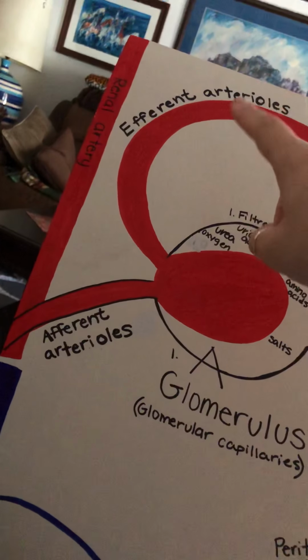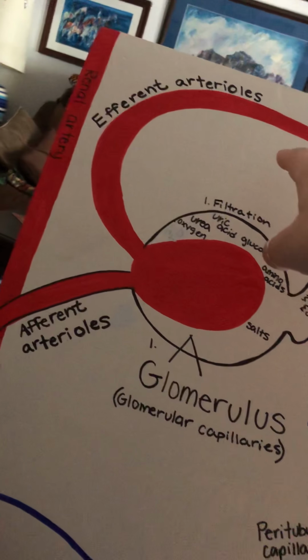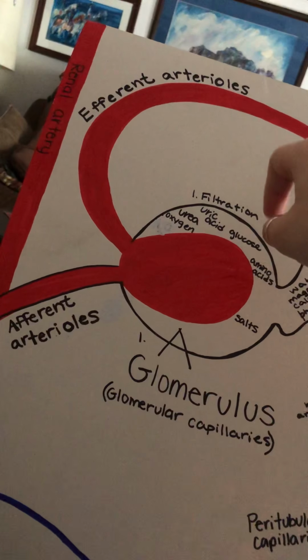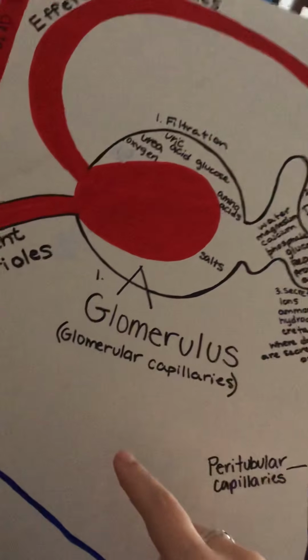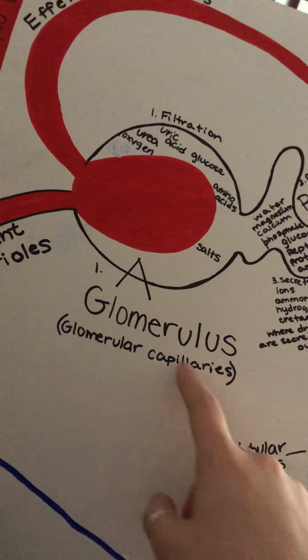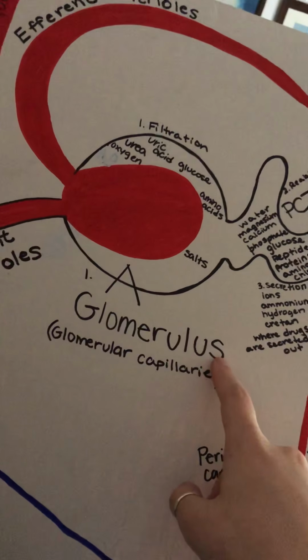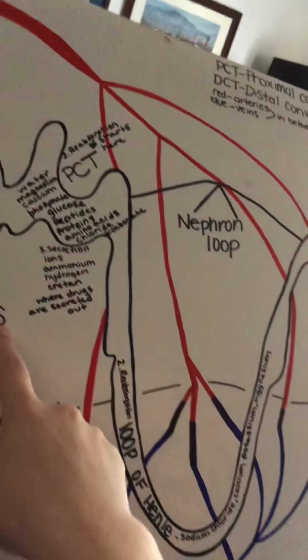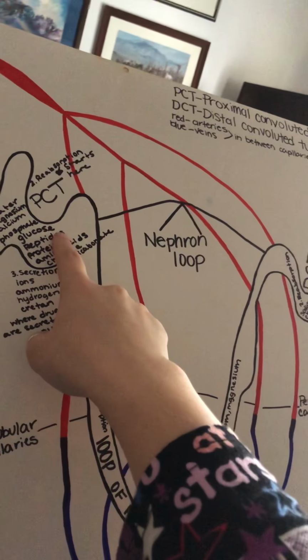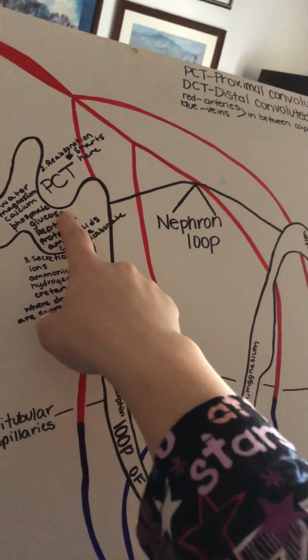So we'll point out the afferent and efferent arterioles. I don't even know if I'm pronouncing that right. The glomerular capillaries, the glomerulus. The PCT, which is the proximal convoluted tubules.